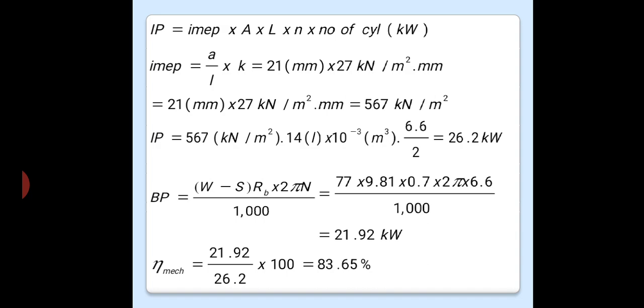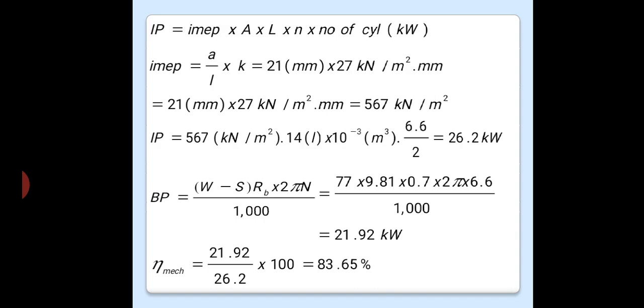Now next we are going to find out the brake power. For calculating the brake power, we have the formula: W minus S into RB into 2 pi N. Now in this problem they have given the torque, 77. So we are going to substitute this torque W minus S into RB directly, 77.